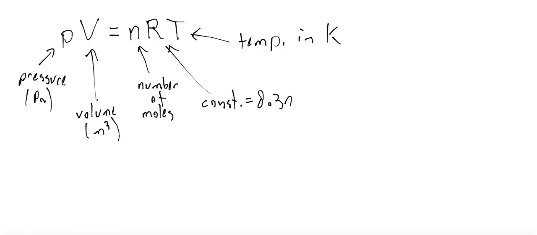This is the ideal gas equation, or Clapeyron's equation, or the equation of state of an ideal gas. This is also a very popular name, the equation of state, of course, of an ideal gas.